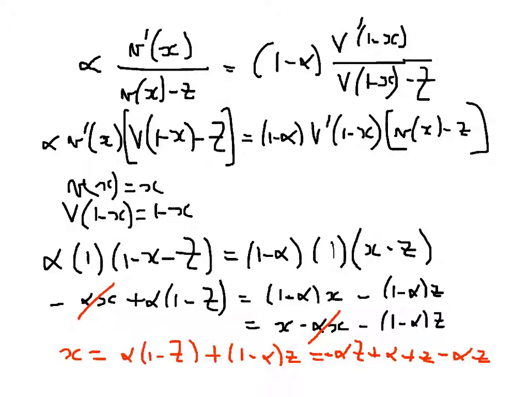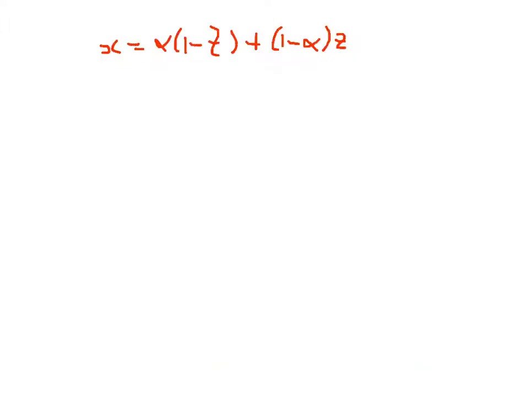And you can factorize everything by alpha. Sorry, let me do this again since I was running out of space. So let me just redevelop this. Alpha minus alpha z plus z minus alpha z.